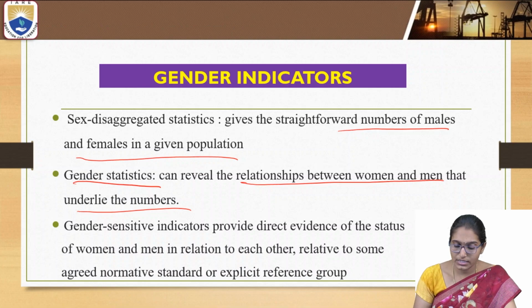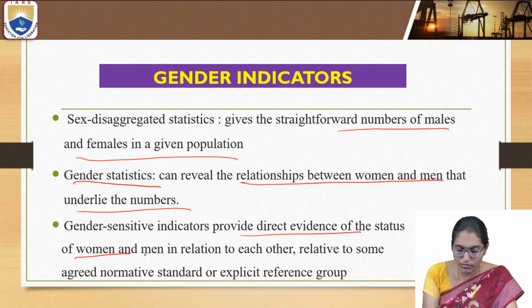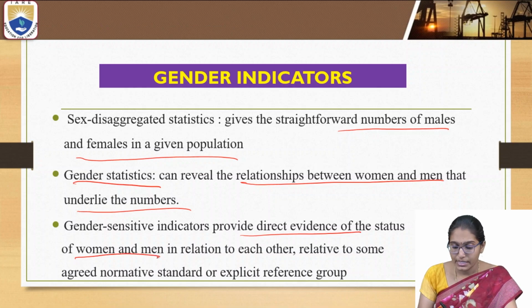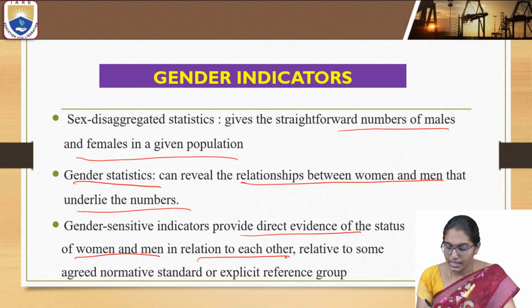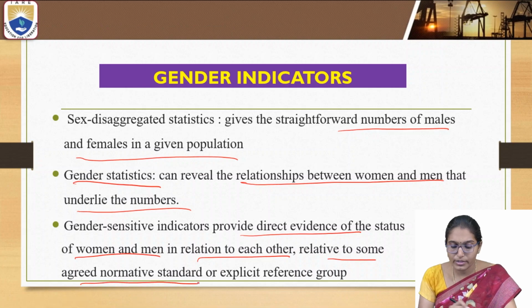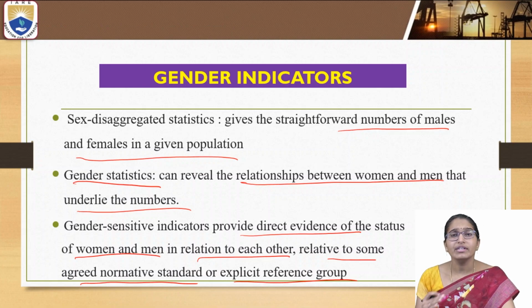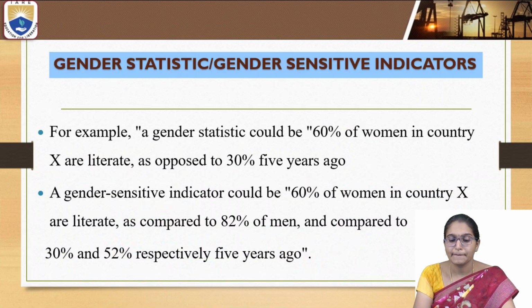So gender sensitive indicators provide direct evidence of the status of women and men in relation to each other and relative to some agreed normative standard and explicit reference group. So this gives the evidence of how many men to women are there in a particular group of society.